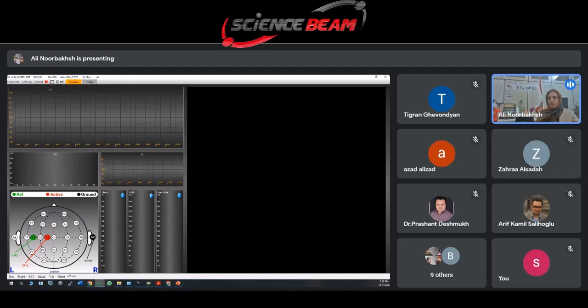It depends on the client. According to the table, according to the brain map, you can make a protocol for yourself. Okay, do you have any question about this part?